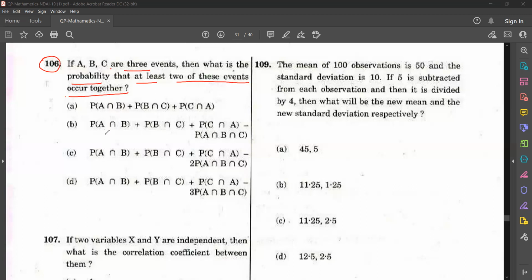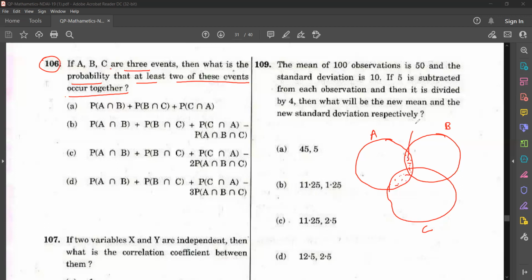Okay. Anybody got the answer? Okay, then we have 3 events, isn't it? So I'm drawing a Venn diagram here. This is A, this is B, this is C. Now I'm marking all the portions, because we have intersections here.